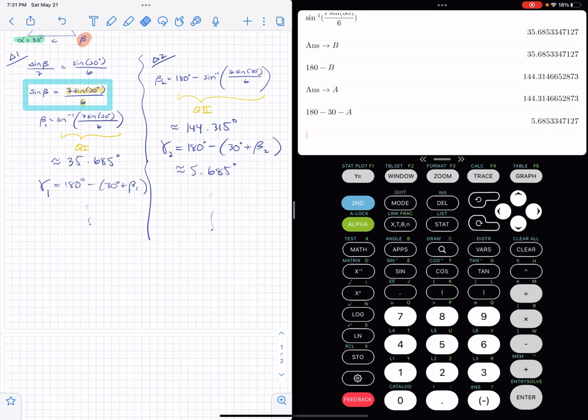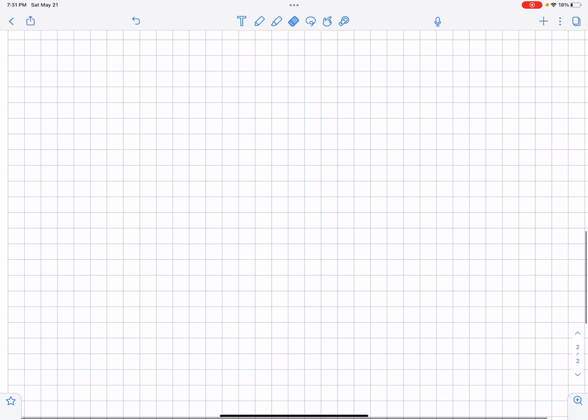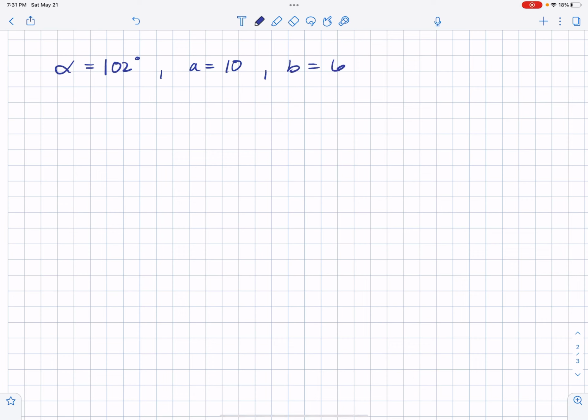So for example, let's say that alpha is 102 degrees, side A is 10, side B is 6. This is again the SSA case, right?